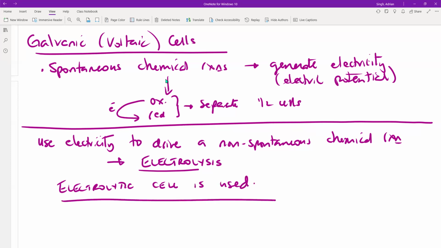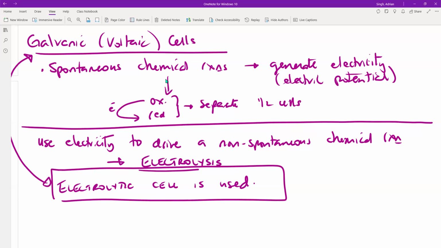So an electrolytic cell is different than a galvanic or a voltaic cell in that in an electrolytic cell, we are providing electrical energy to drive a process that is not spontaneous, whereas in a galvanic or a voltaic cell, we are using spontaneous chemical reactions to produce or generate electricity or electrical energy.